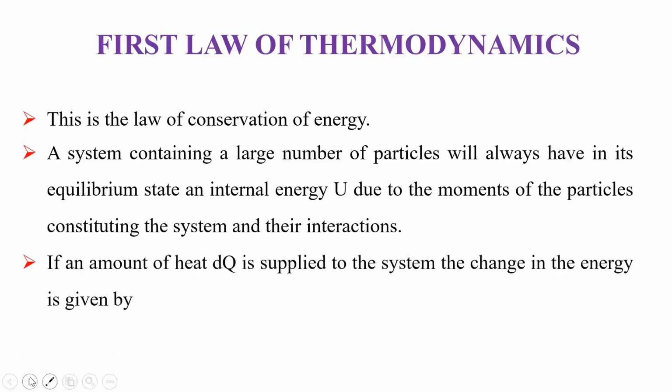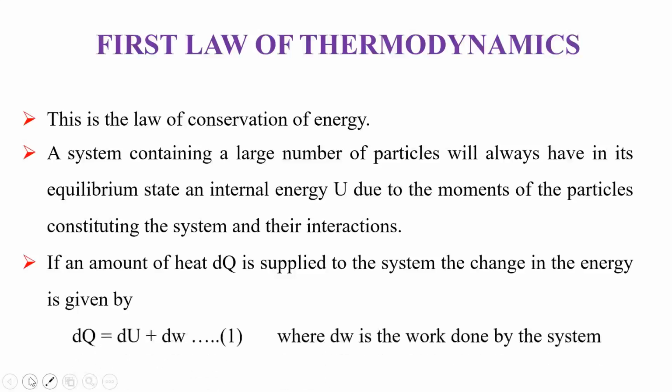If an amount of heat dQ is supplied to the system, the change in energy is given by dQ = dU + dW. That is equation number 1, where dW is the work done by the system and dU is the internal energy of the system.